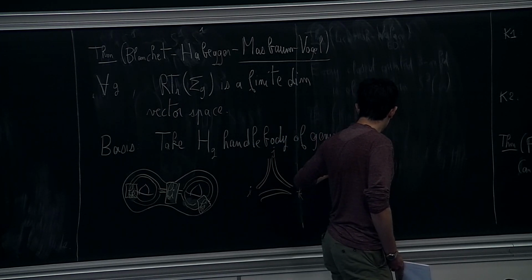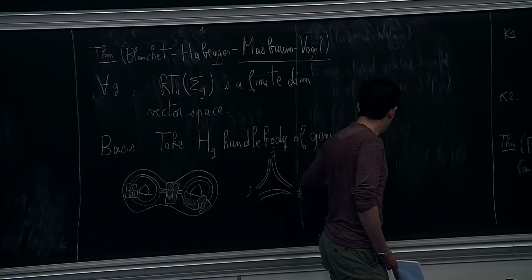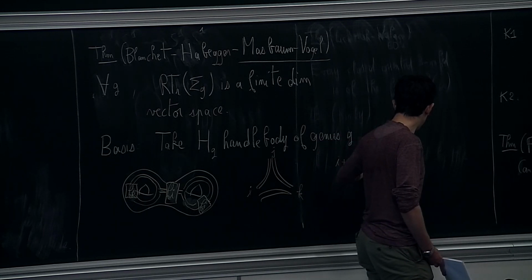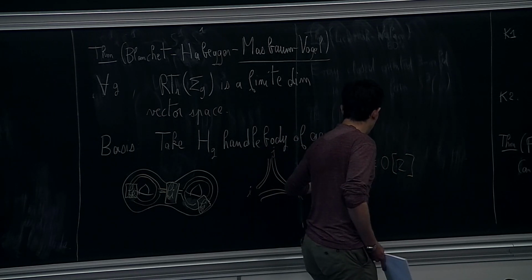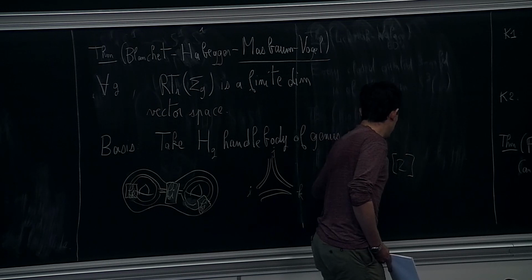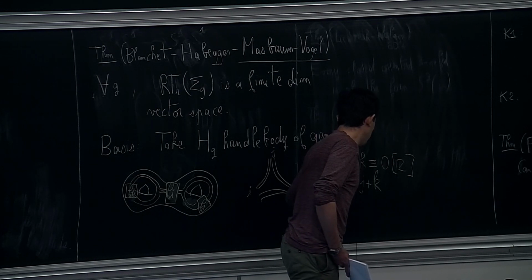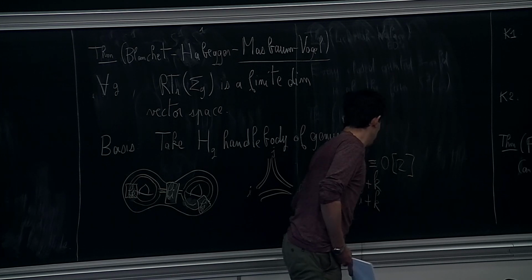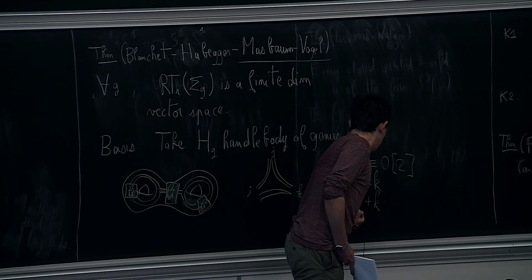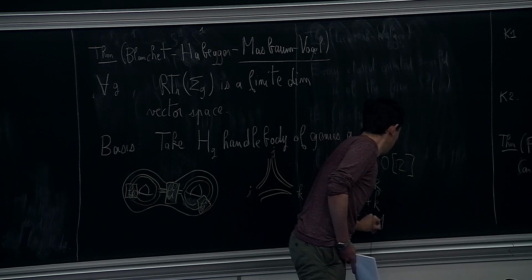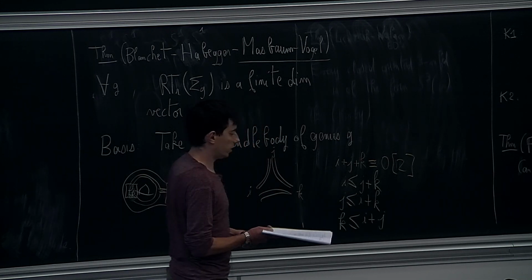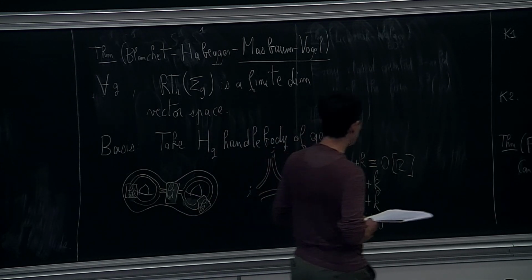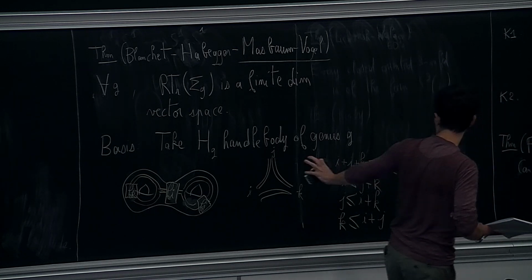The total number of endpoints needs to be even, and I need the triangular inequality. So I need that i is less than j plus k, and the other inequalities. Okay, so my basis elements will be composed of elements like that.